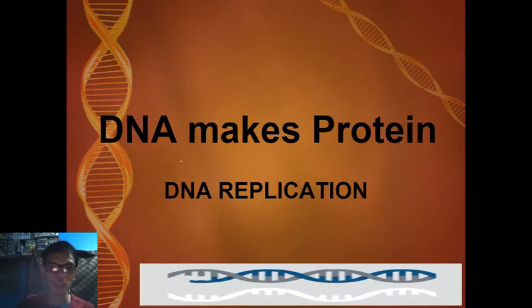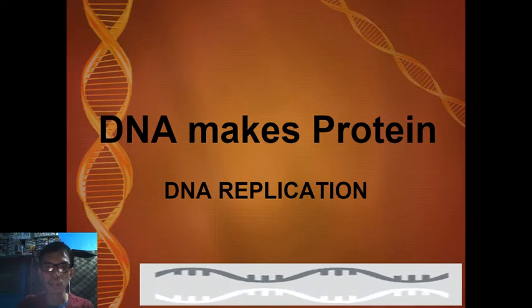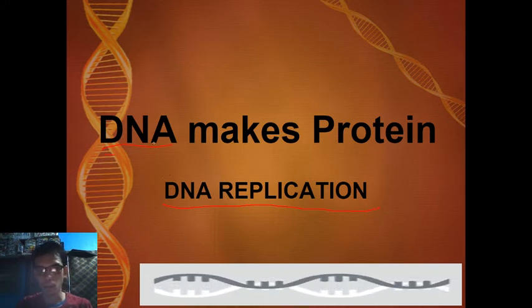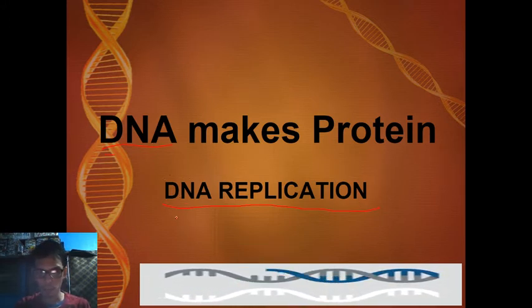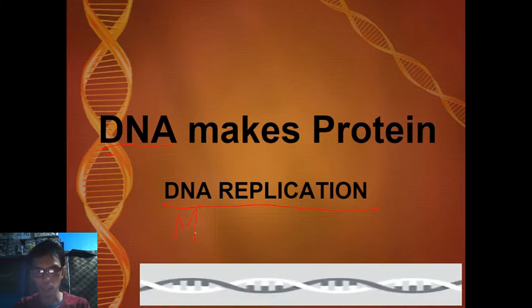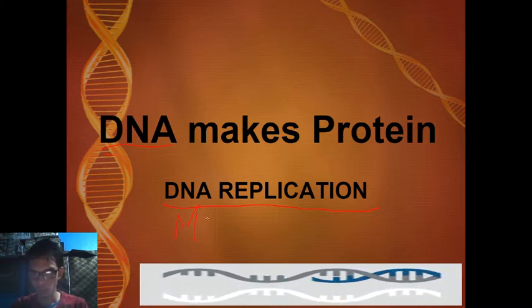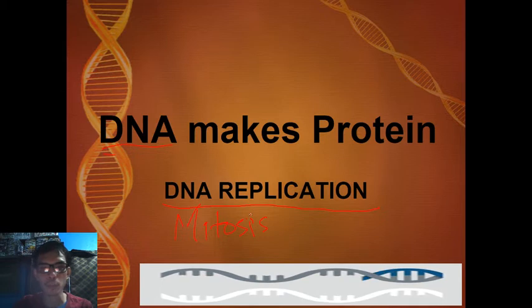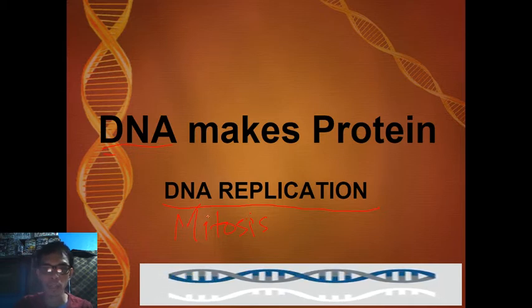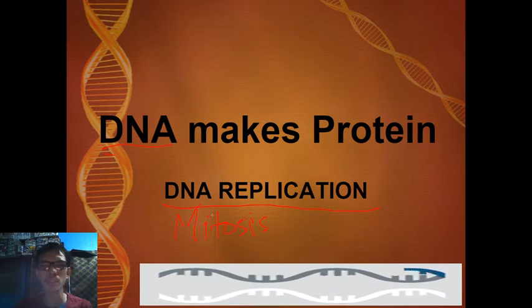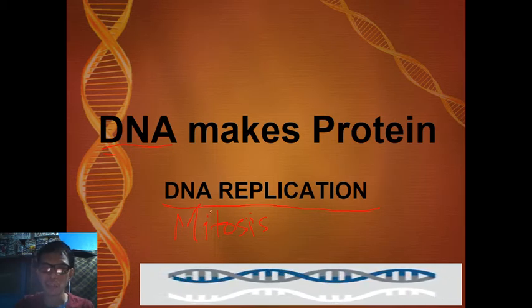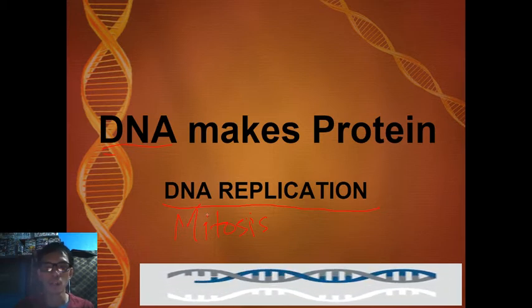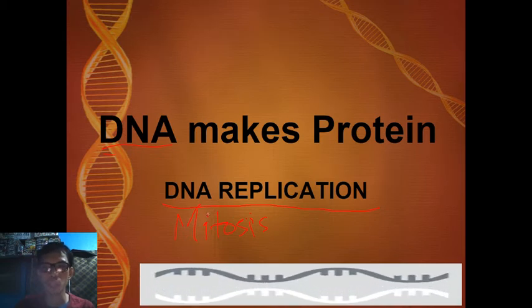Let's start with the first thing DNA does, which is DNA replication. DNA replication happens during mitosis, so that all daughter cells must look alike with their parent cell.